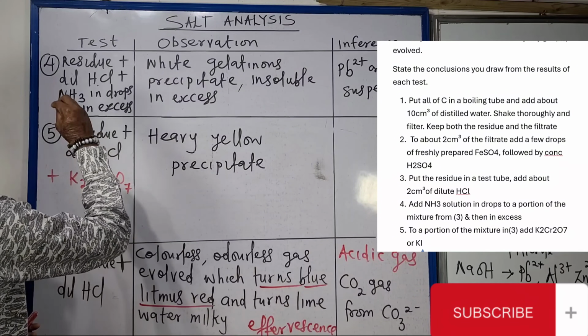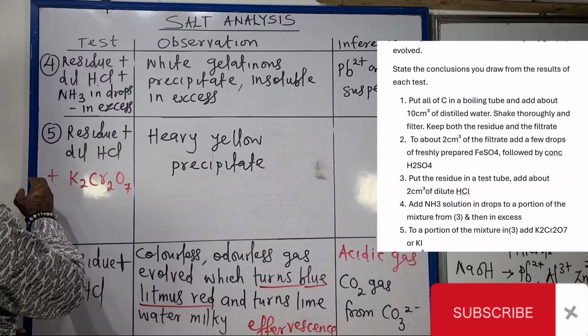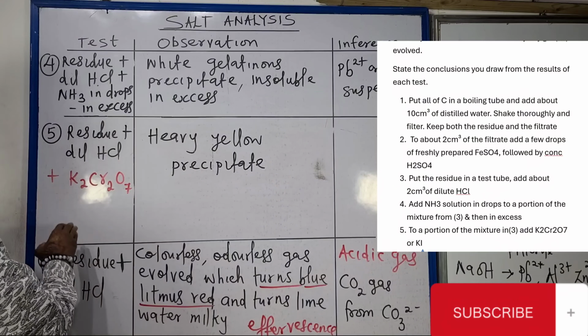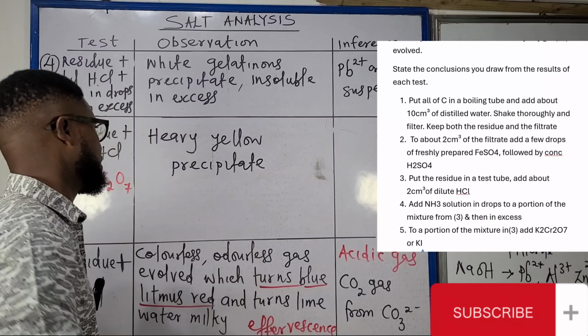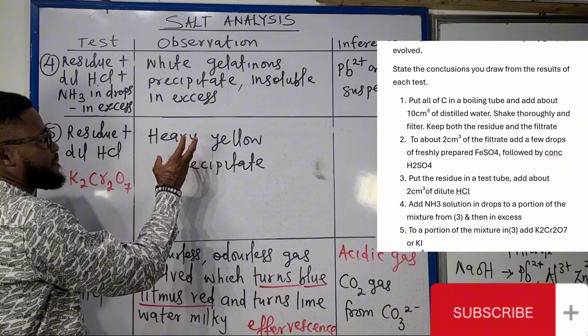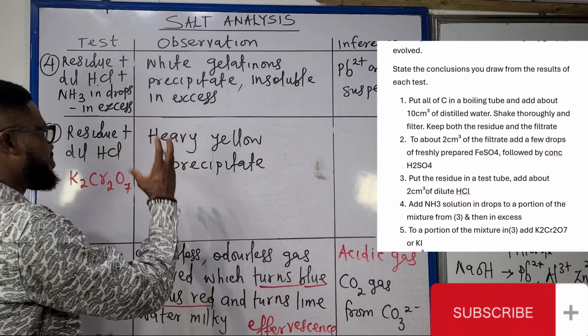So residue plus dilute HCl, which we have for question 3. If we add acidified potassium heptaoxodichromate VI here, as you can see on your screen, you're going to have a heavy yellow precipitate. Yes, heavy yellow precipitate.